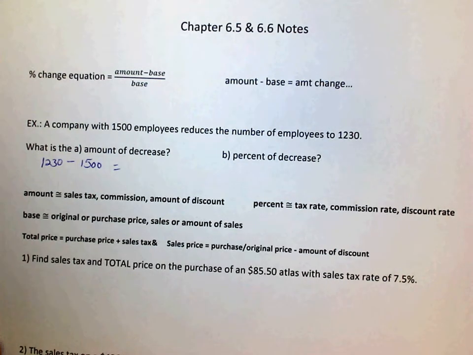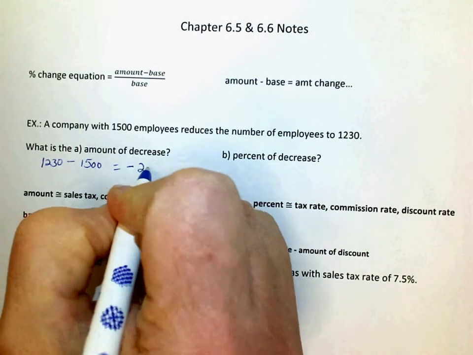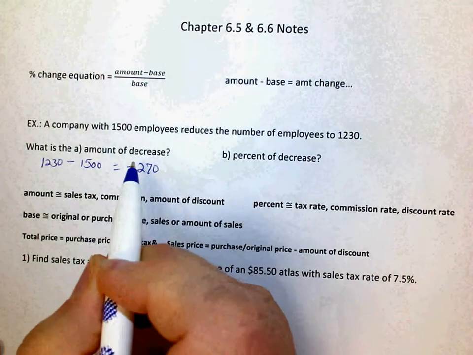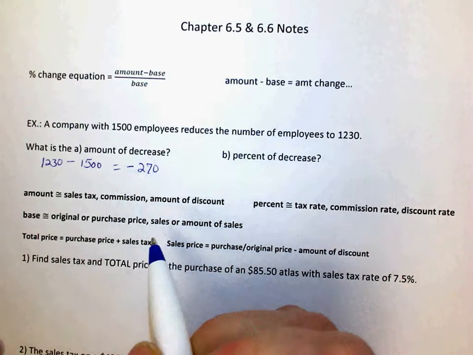So 1,230 minus 1,500 gives you a negative 270. So it's a decrease. Now, if they ask you the amount of change, you would put negative 270.